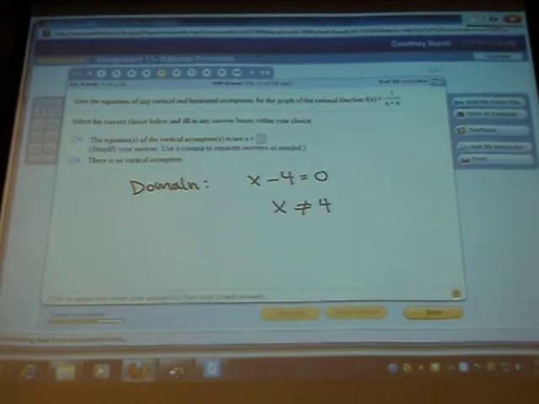So my domain would be x is not equal to positive 4. Positive 4 would make my denominator equal to 0. Now, does that make the numerator equal to 0? No. The numerator can't be 0. It doesn't have any variables. There's nothing to plug in there. So the numerator can't be affected by that, so we're going to have a vertical asymptote.